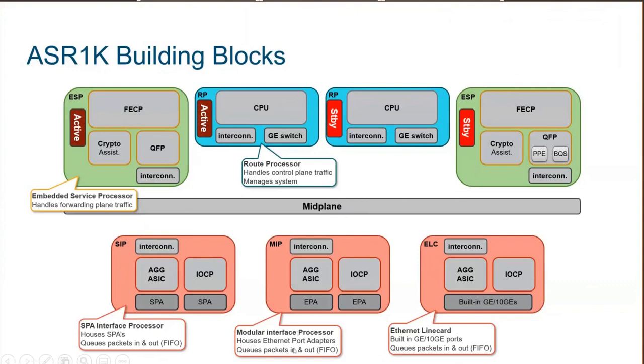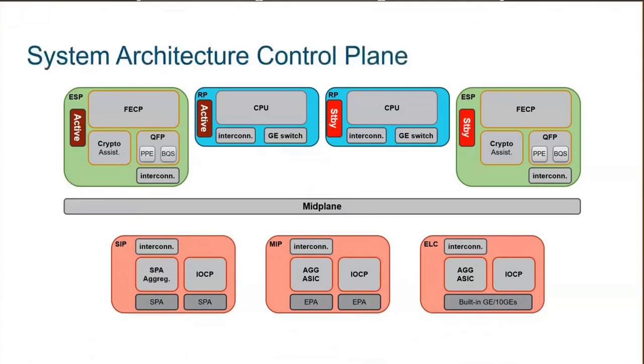These have better throughputs. MIP, for example, gives us the option of having 100 Gbps. So these are the different kinds of line cards that we can use on the ASR1K devices. Now this was with respect to hardware. For the control plane, let's see this.